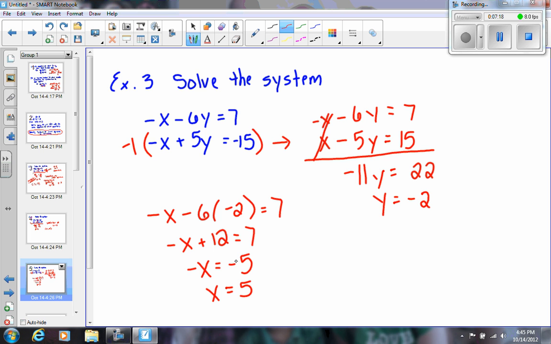You can multiply both sides by a negative 1 to get x equals 5. So the solution to this system of equations is 5, negative 2. So on this one, it was different because adding them, they didn't just drop out. But if I multiplied one of the equations by a negative 1, then I can add them together.